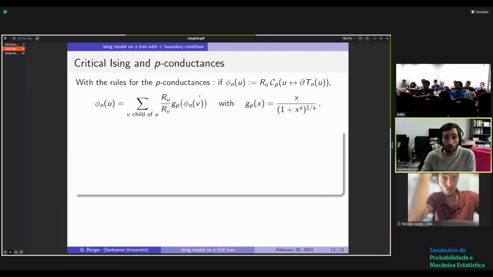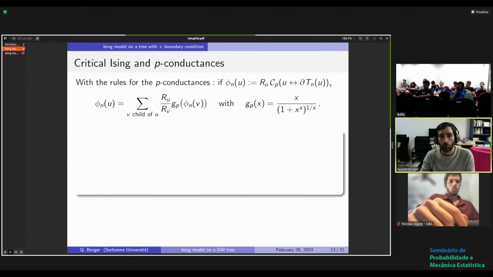So what you see is that you have an iteration on the tree for the P conductances, and you have a function. Let me tell you again, as for the Ising model.